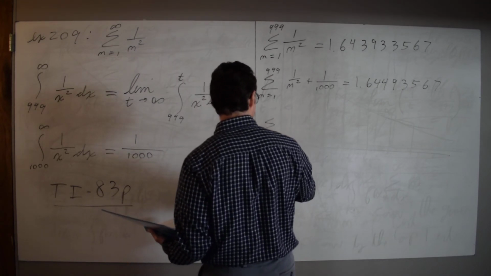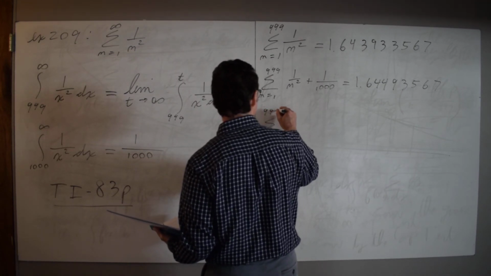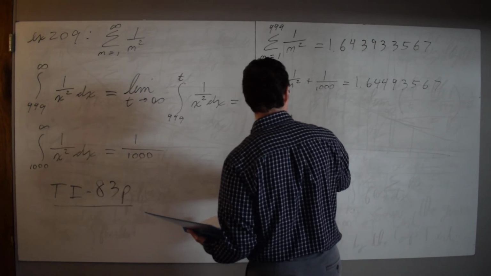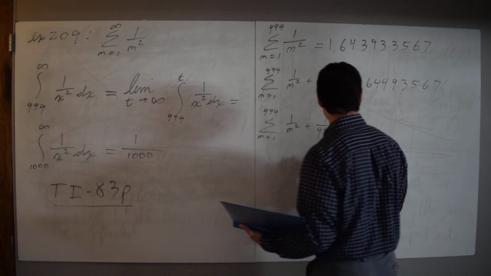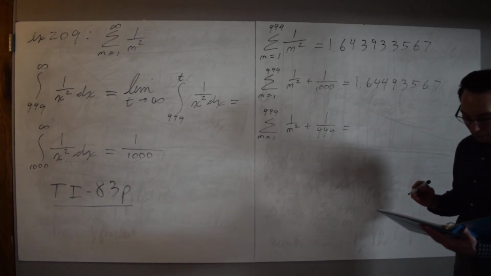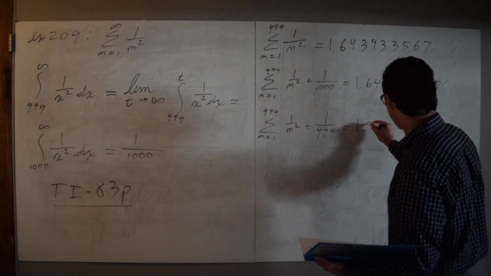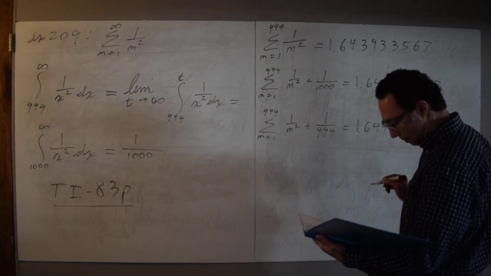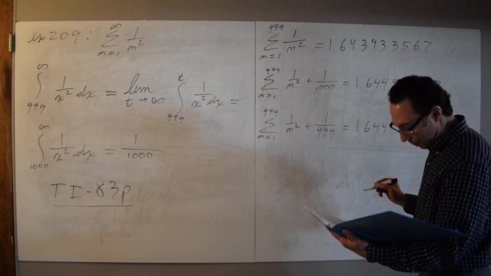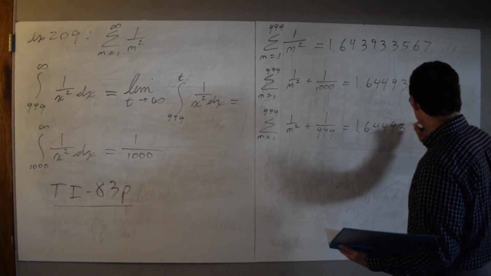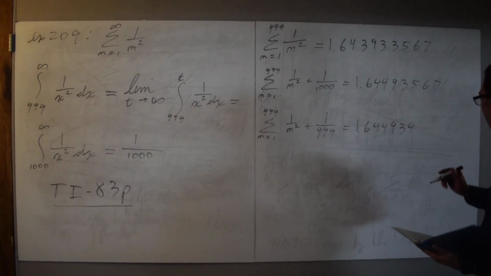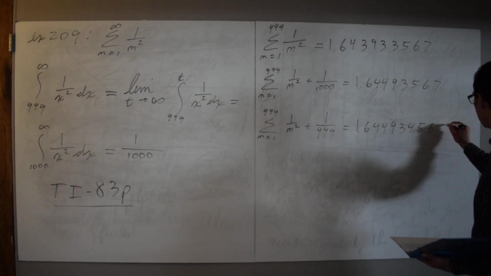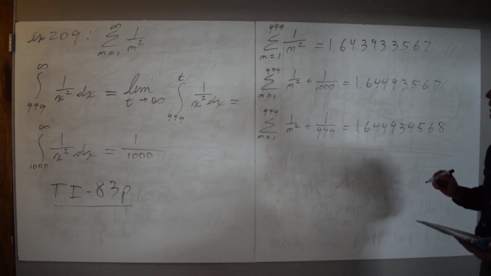The sum of n equal 1 to 999 of 1 over n squared plus 1 divided by 999 is 1.644934568.